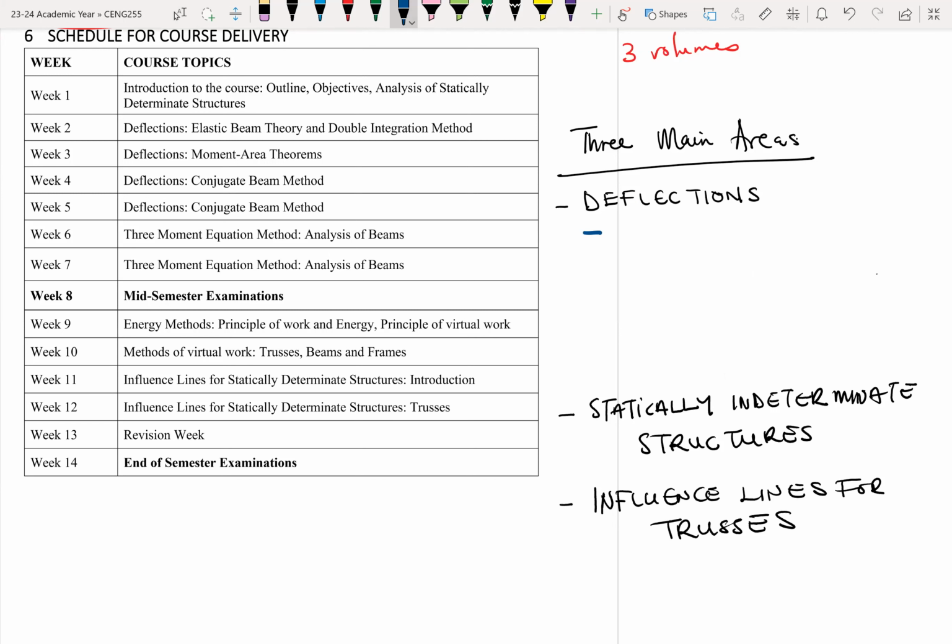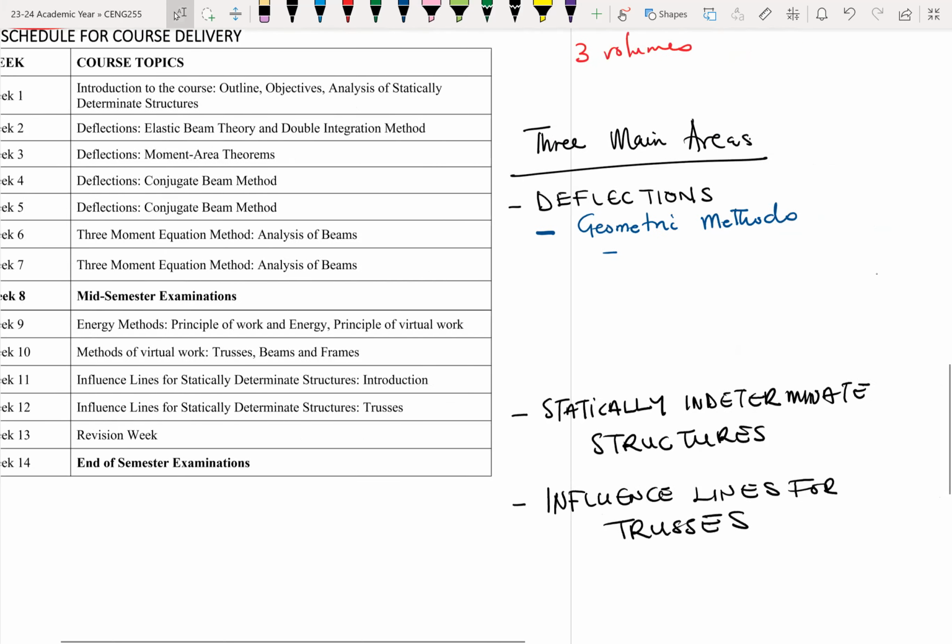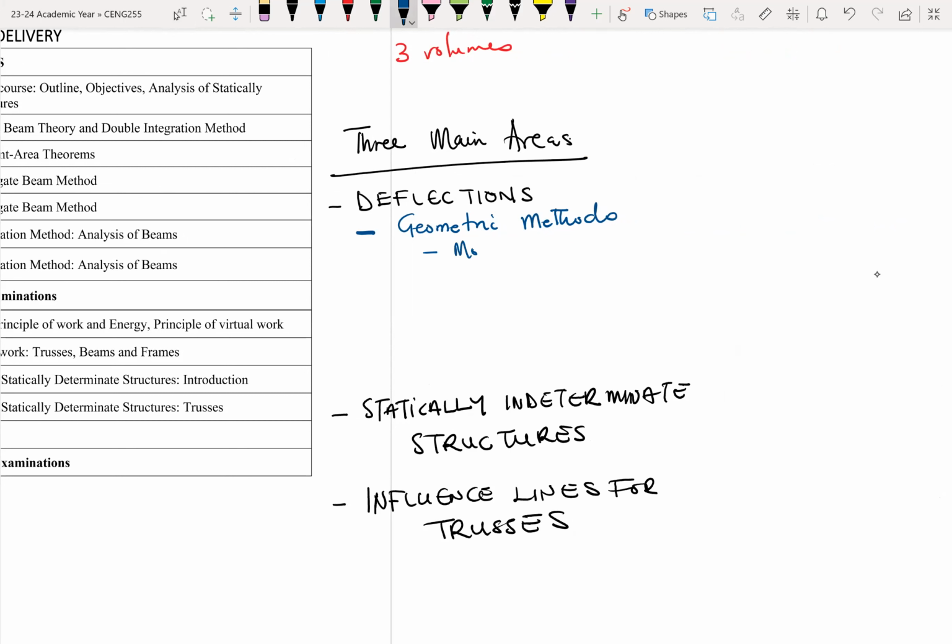So we use what we call the geometric methods to find deflections. And with the geometric methods, an example is the moment area method.